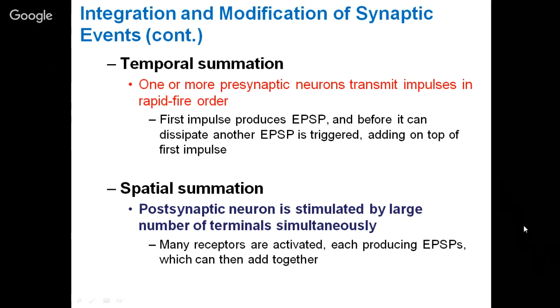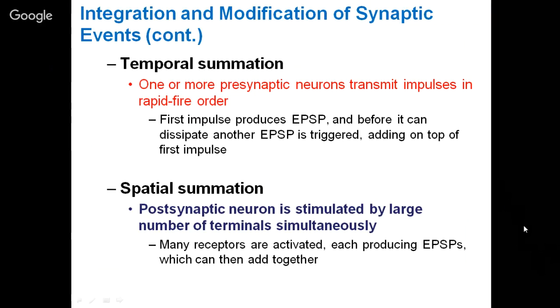Temporal summation means one or more presynaptic neurons transmit impulses in rapid fire order. The first impulse produces the excitatory potential, and before it can dissipate, another excitatory synaptic potential is triggered, adding on top of the first impulse.